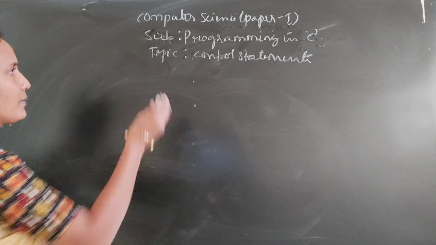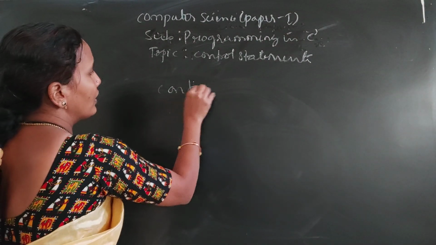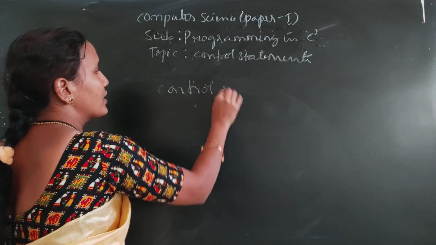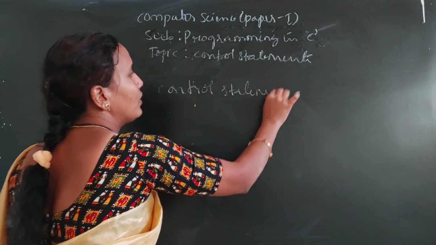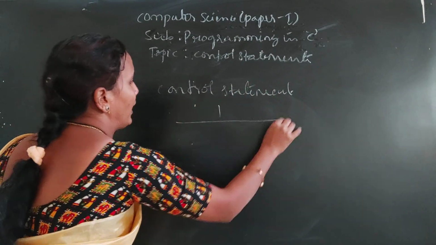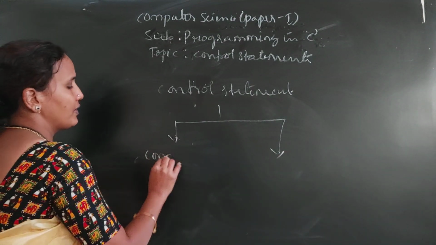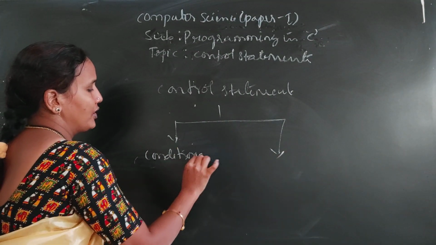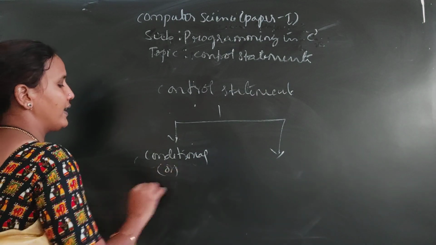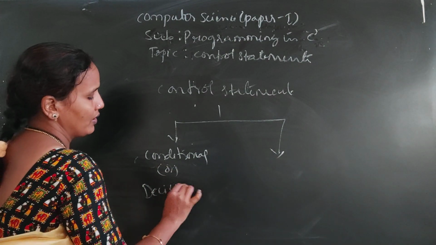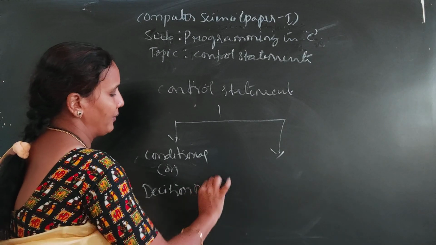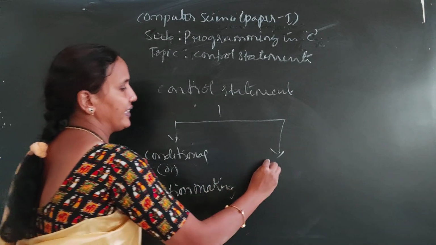Control statements. Control statements are of two types. Conditional statement, or it is called a decision making statement. Here it is iterative statement.